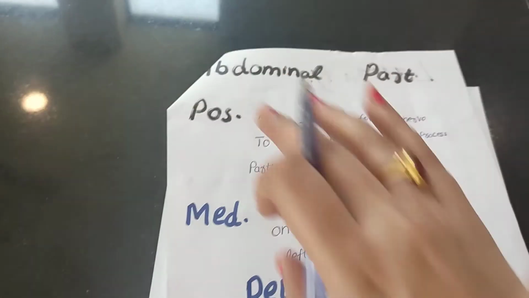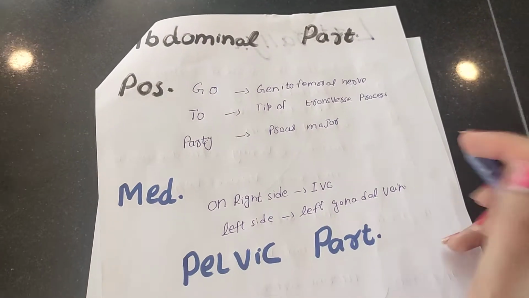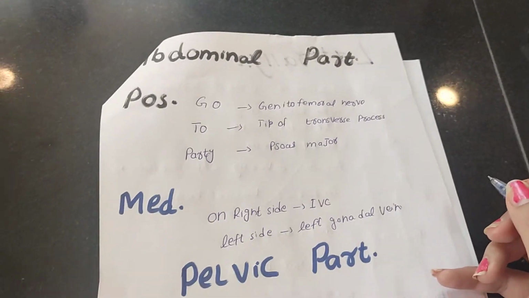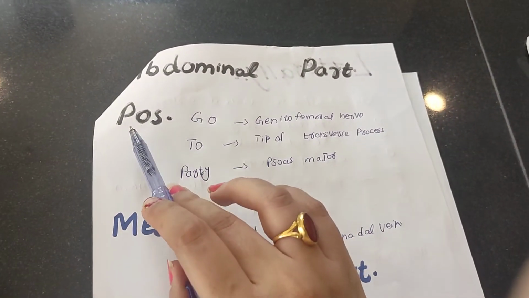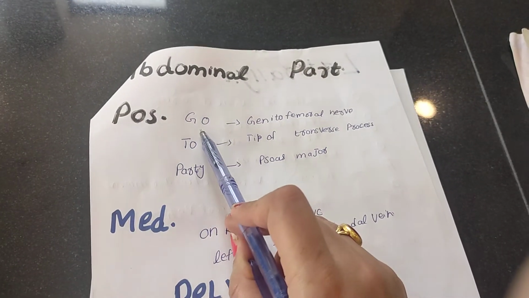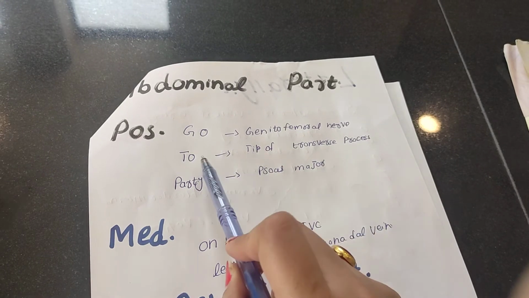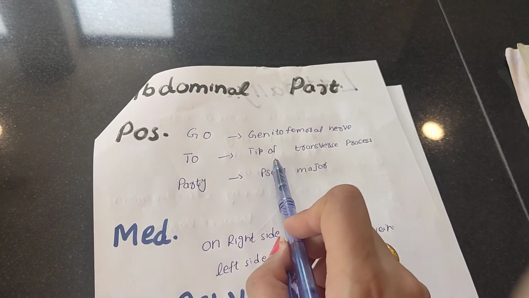After that, we have the posterior relations of the abdominal part of the ureter, and then the medial relations. For the posterior relation, you have the mnemonic GTP, go to party. G stands for genitofemoral nerve, T stands for tip of the transverse process, and P stands for psoas major.